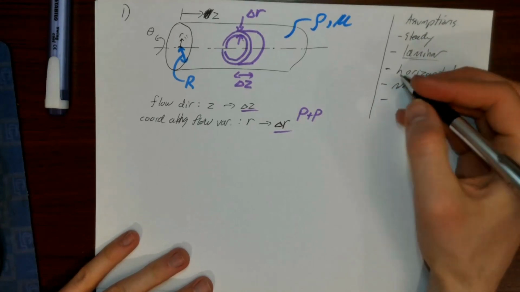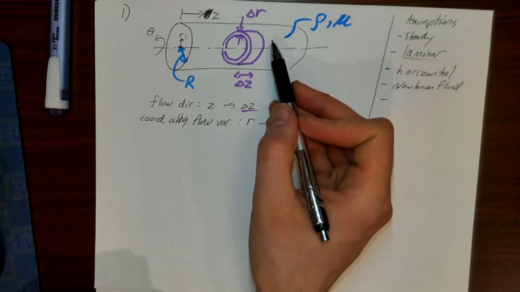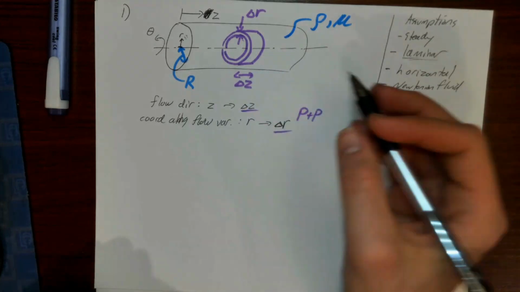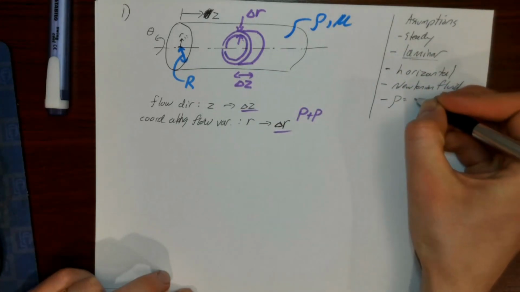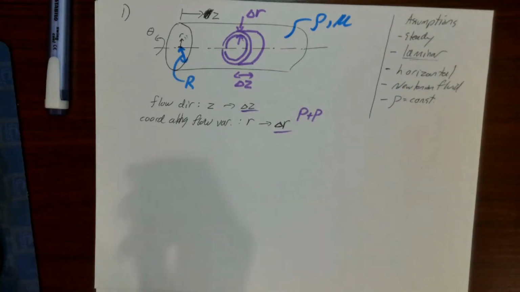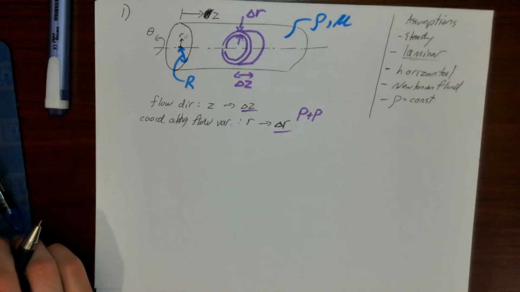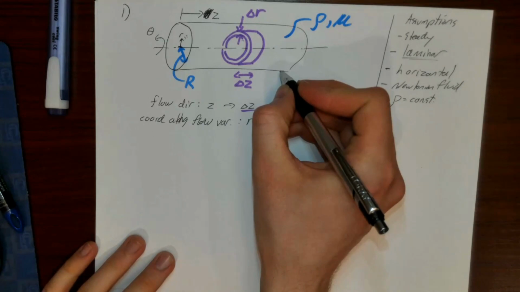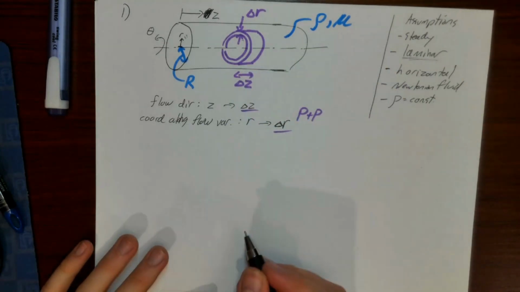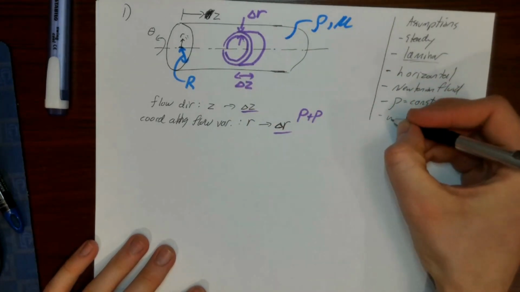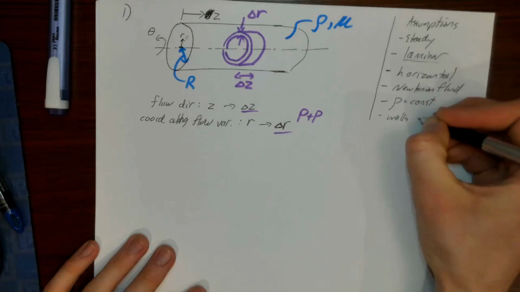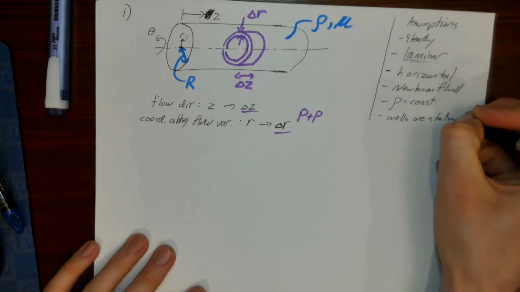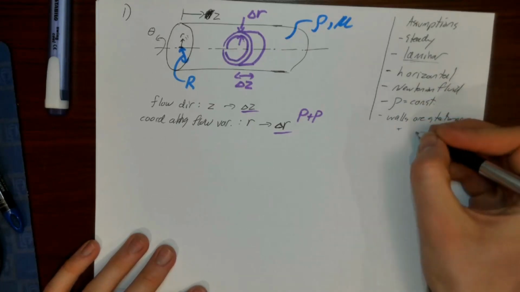We'll also assume that the fluid is incompressible as well as homogeneous, such that density is a constant as well. It goes without saying that we're assuming the walls of the cylinder are stationary and impermeable.